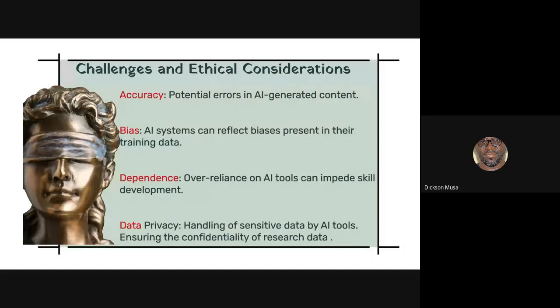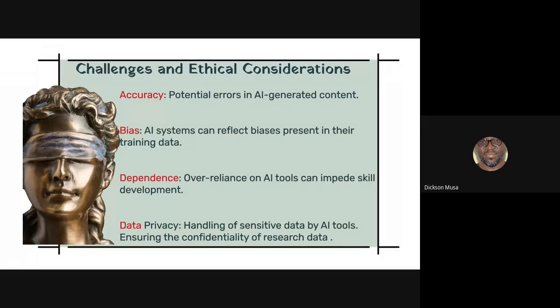Also, we must have it at the back of our mind that the information we are getting from AI depends on the information it has been trained on. So it can reflect the bias of that training.